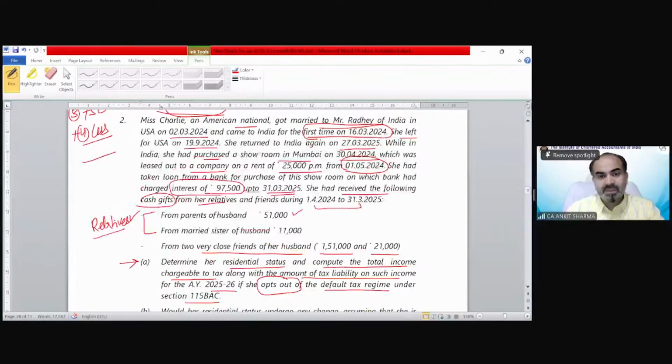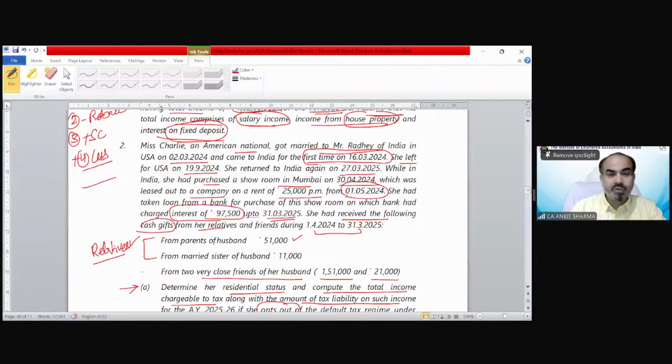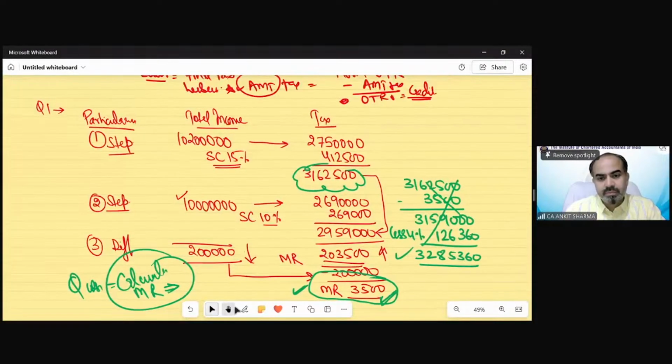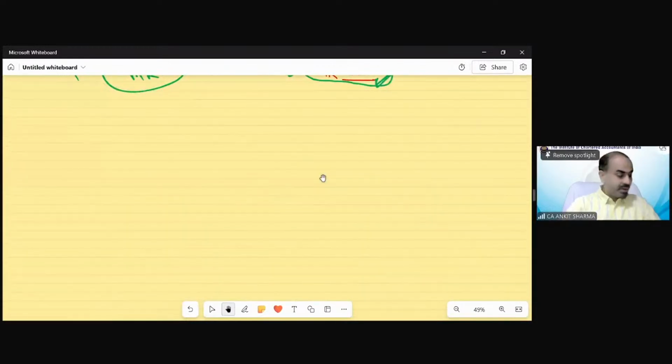For the purpose of solving this question, we have to understand the residential status of Miss Charlie. Now she is of course Mrs. Charlie. So we have to find out the status of Charlie to find out the tax liability, etc. According to the question, she came to India on 16th March 2024.